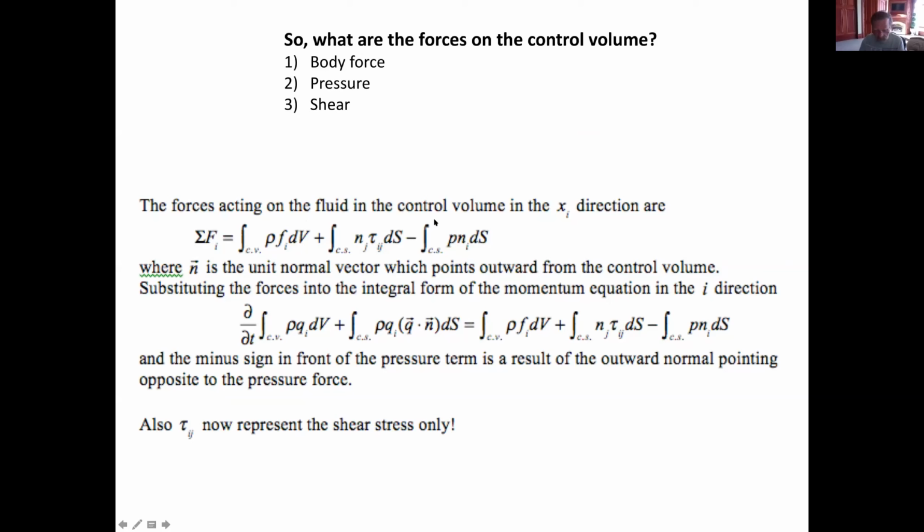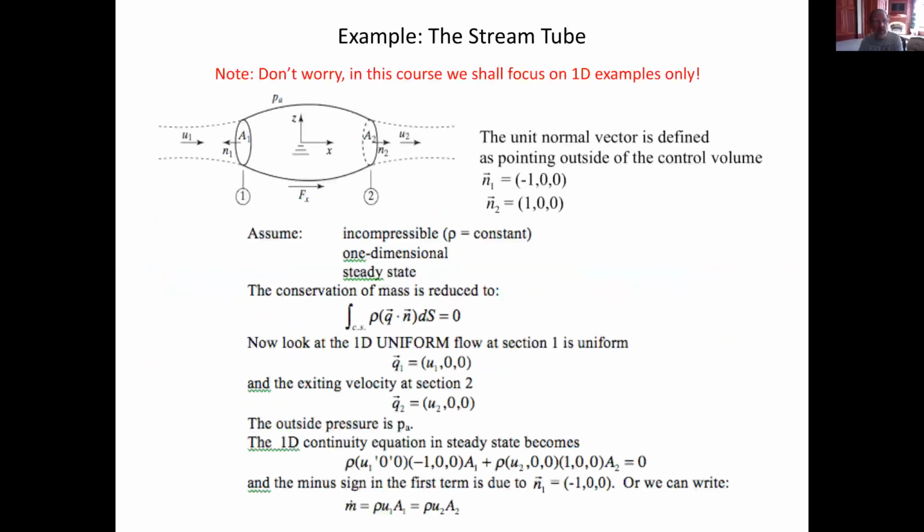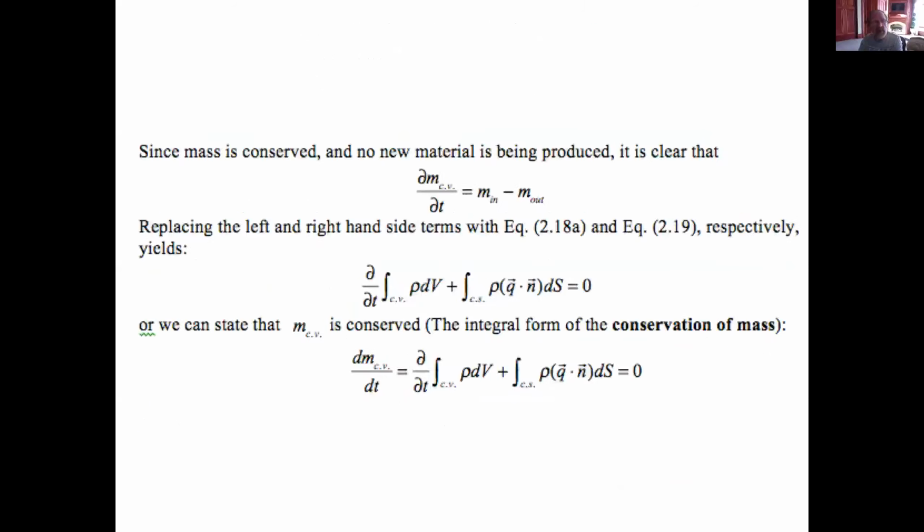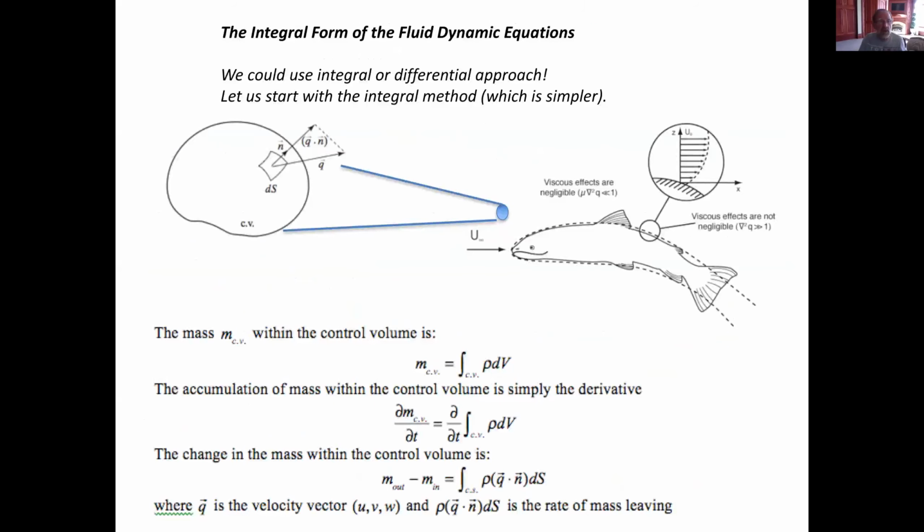So let me just go back for a moment. What are the forces here? The argument is that there is some mass inside here, and then if, say, gravity, there's going to be mg.